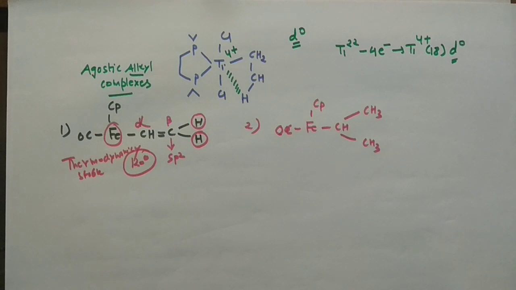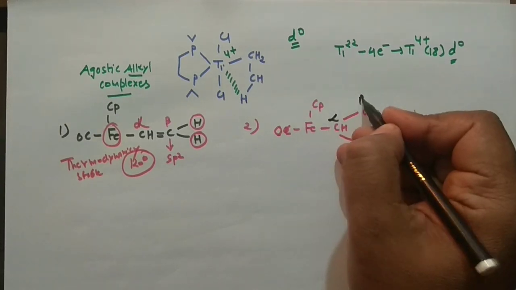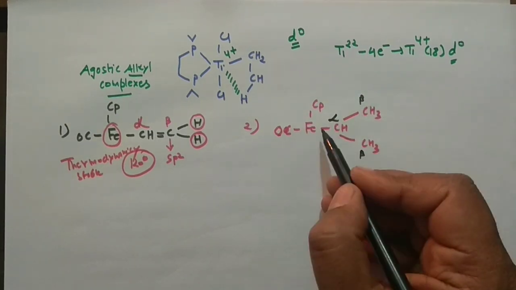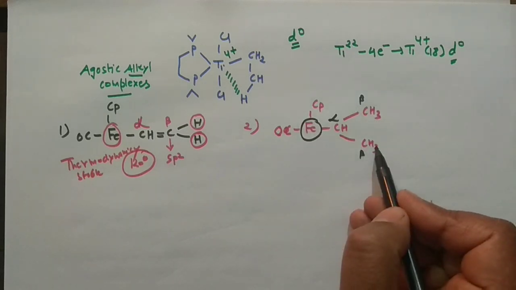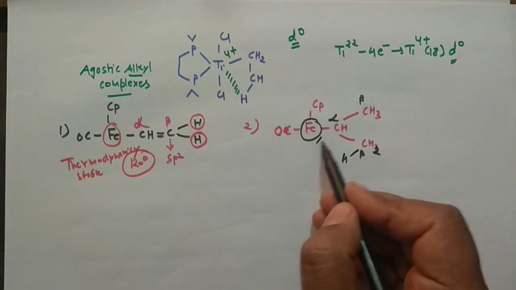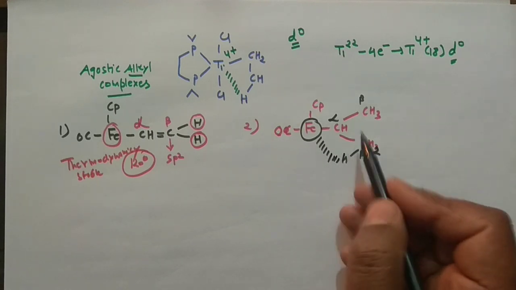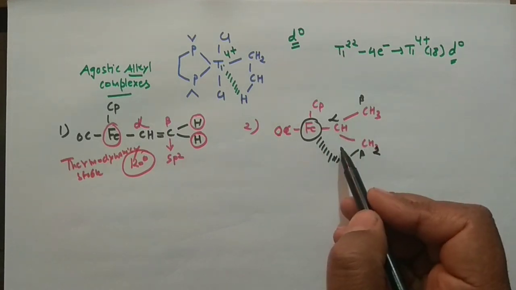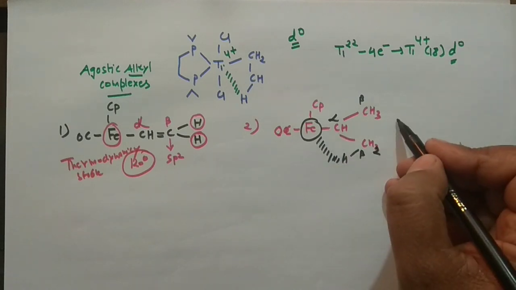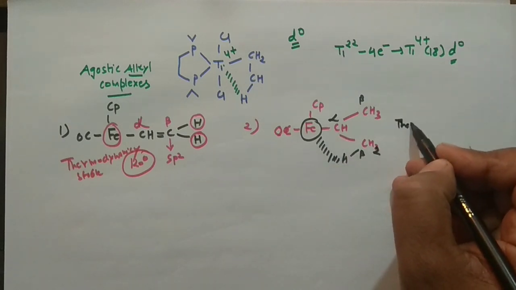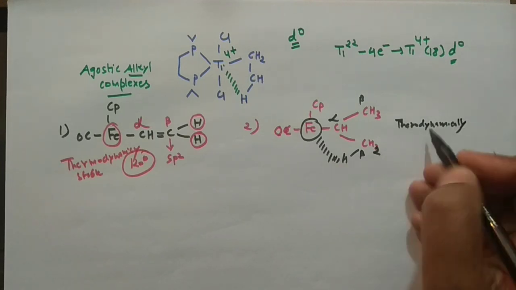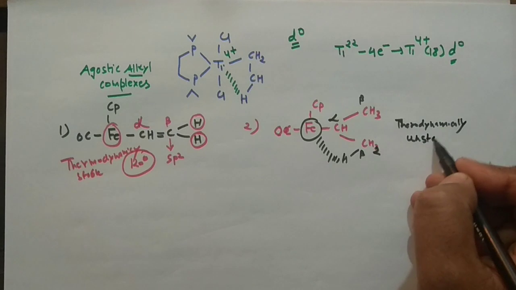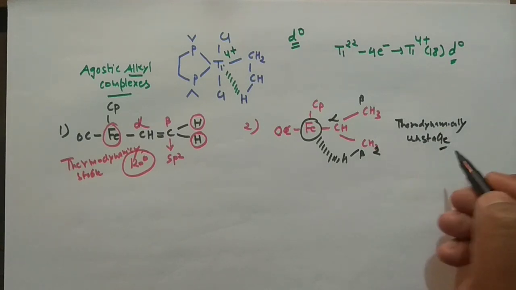See, this is your alpha, this is your beta, and you can see here this metal and the hydrogen present over there like CH2 and H, they agostically interact. So it will undergo the beta hydride elimination reaction. This is thermodynamically unstable because it will undergo the reaction.